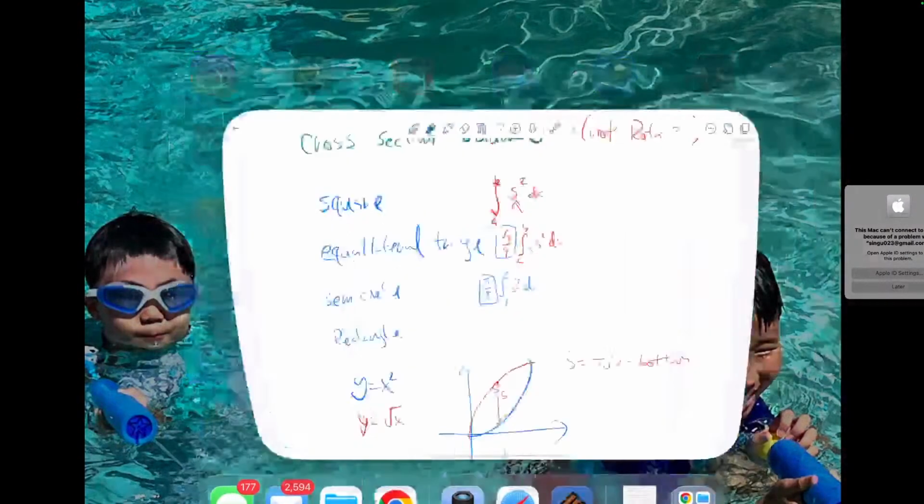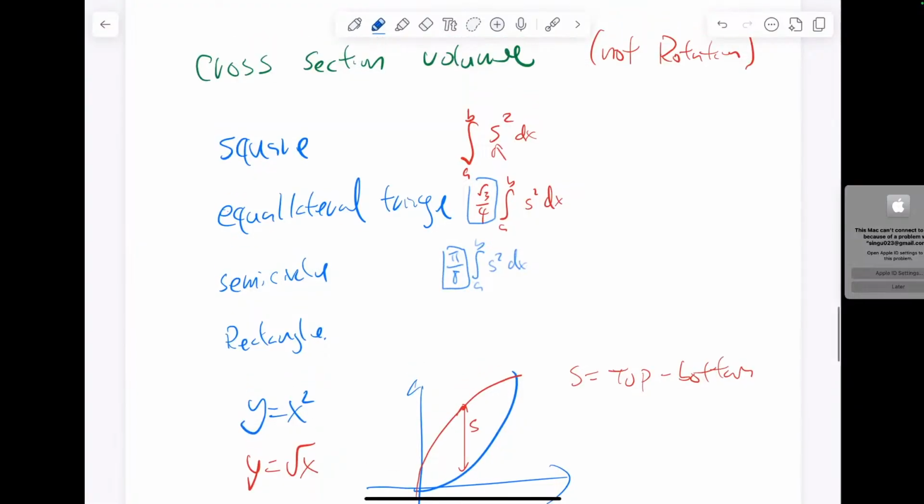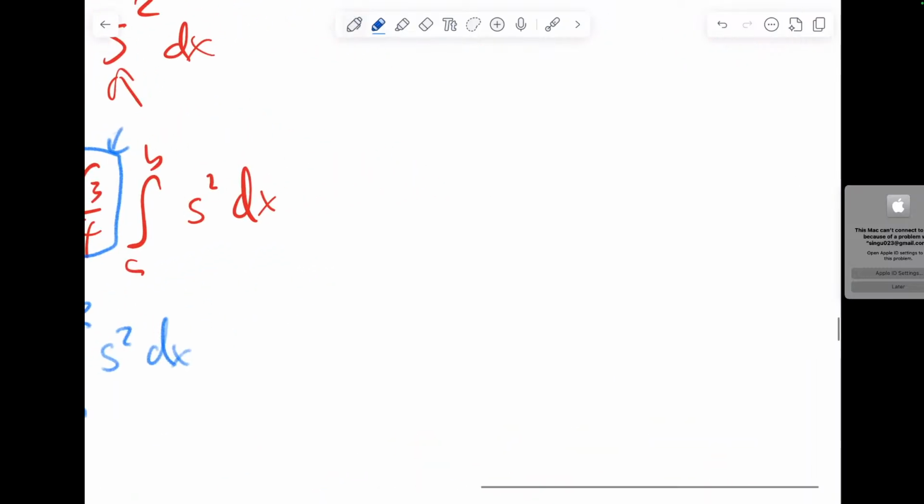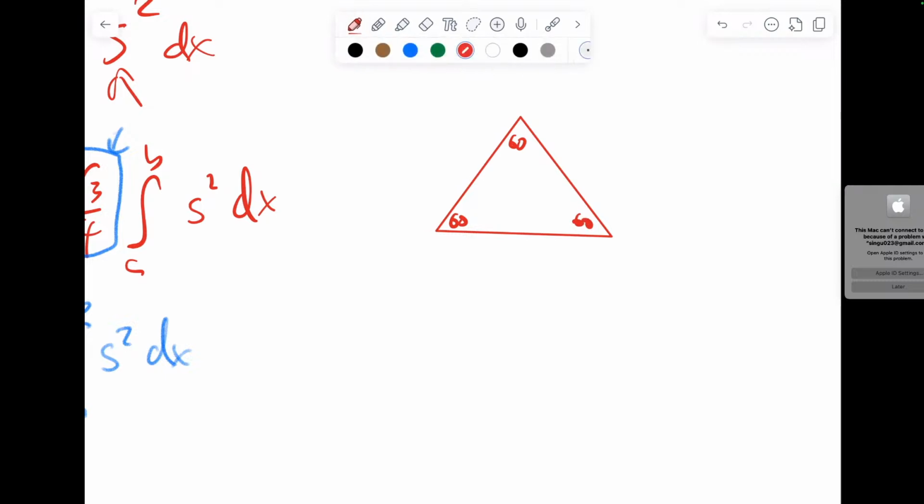Now you say, okay, why is it square root 3 over 4 and why is it pi over 8? There's a reason for that, but for AP exam purposes, just memorize it. Now I'm going to explain why it's square root 3 over 4. An equilateral triangle is like this: 60 degrees, 60 degrees, 60 degrees. If you have a very good geometry teacher, they actually tell you it's square root 3 over 4.